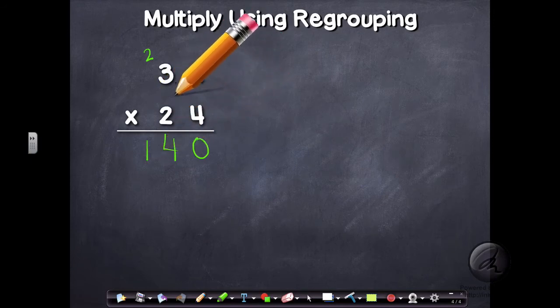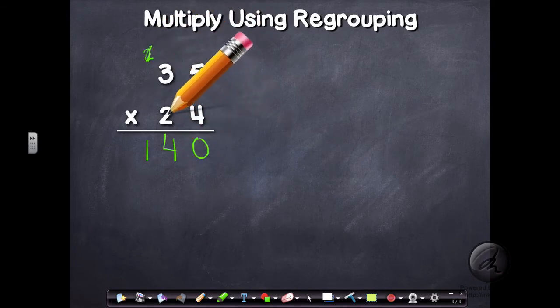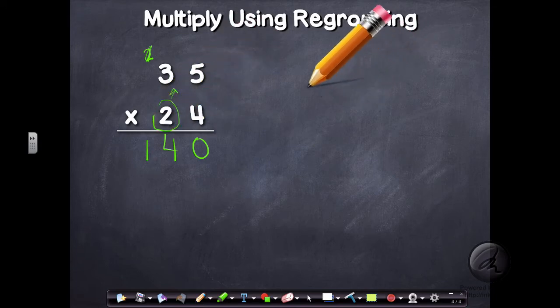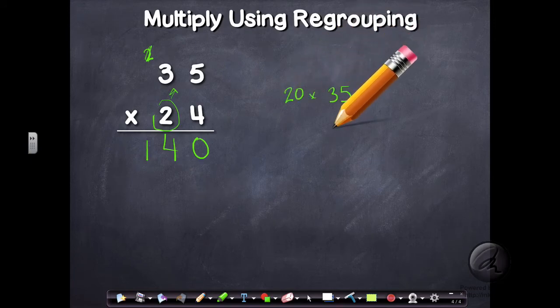So now I have to do my 2 times those same numbers, okay? So I've already used this guy. I'm going to cross him out so I don't accidentally use him again. Now my next step is to multiply this 2 by the number 35. Now this 2 isn't just a 2, it's a 20. So really, what I'm doing is 20 times 35.